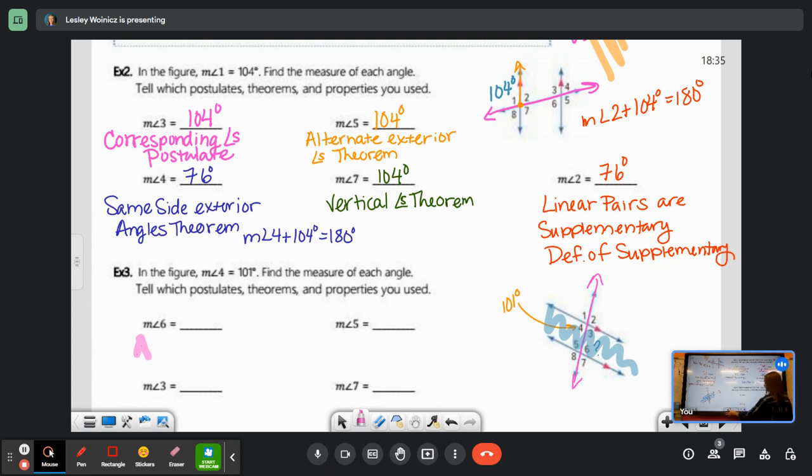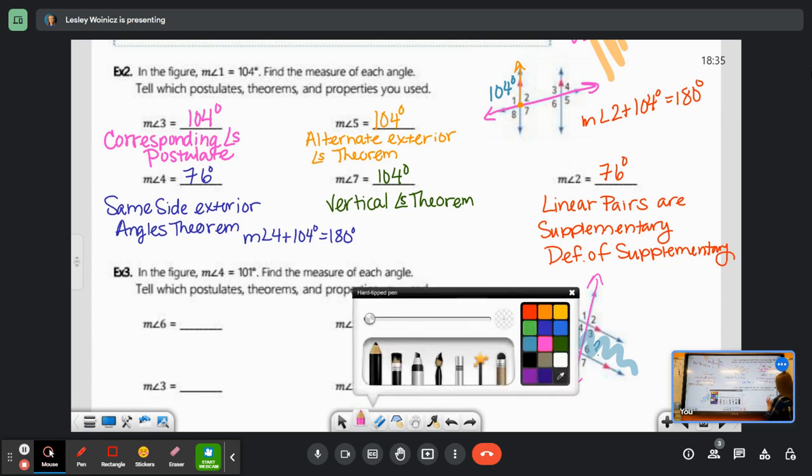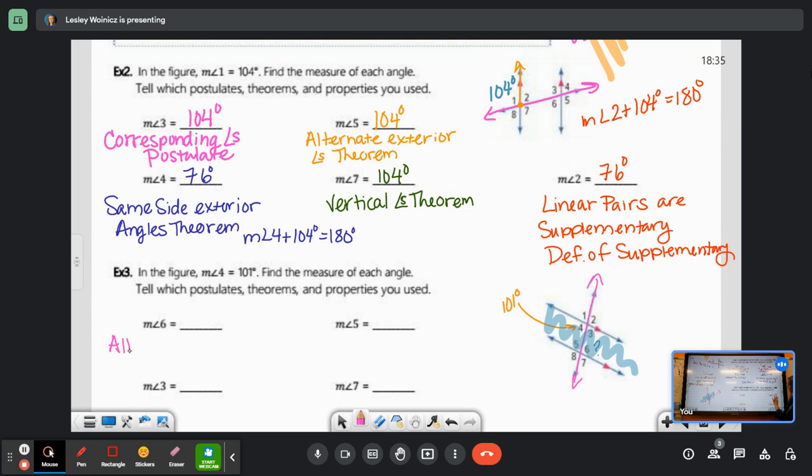Alternate interior angles theorem, which says alternate interior angles are congruent. So this one would also be 101 degrees.